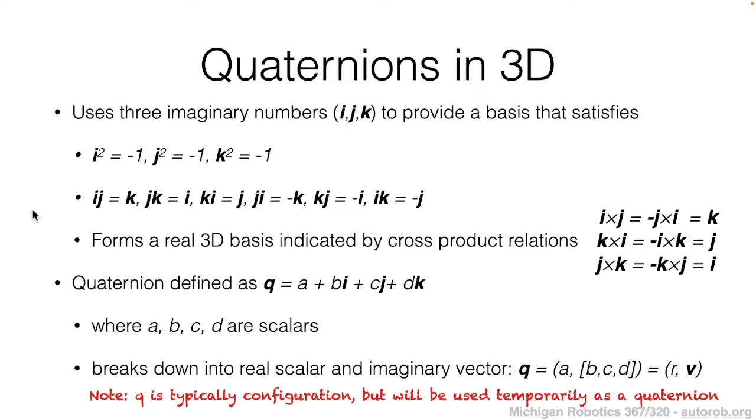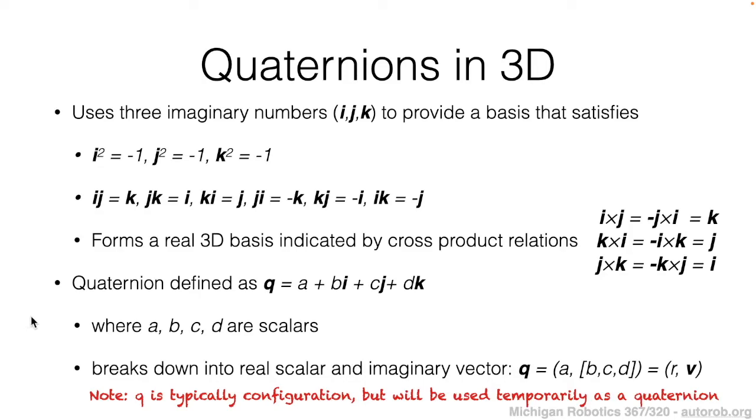These imaginary numbers are related according to the equations shown here. So ij is equal to k, jk is equal to i, and so forth. One of the observations we can take from these properties is that they form a 3D basis, where they are related through their cross products.